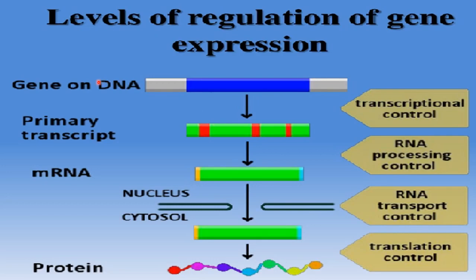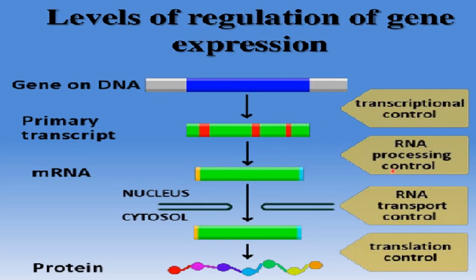So this is a gene, you can say a segment of DNA. When it is transcribed to form an RNA, at this level, when this DNA is making an RNA, gene expression can be regulated.